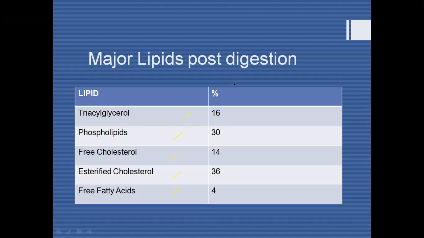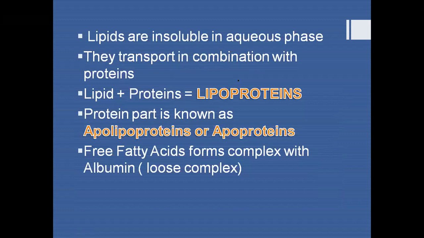Now we know that lipids are insoluble in aqueous phase. So for their transportation, we require the help of proteins. Combined, these lipids and proteins are known as lipoproteins. So the main function of lipoprotein is the transportation of lipids.